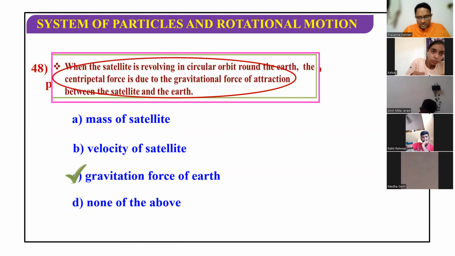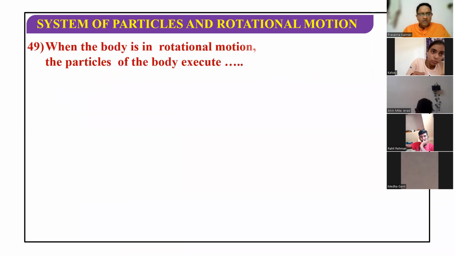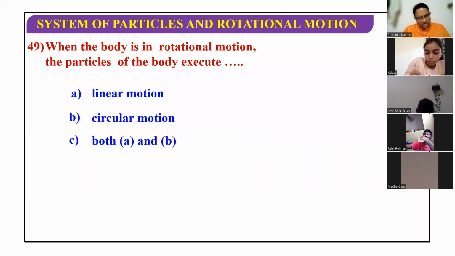Okay, we'll move to the next question now. When the body is in rotational motion, the particles of the body execute linear motion, circular motion, both linear and circular, or none of the above.